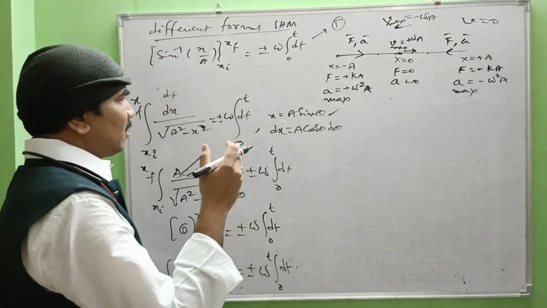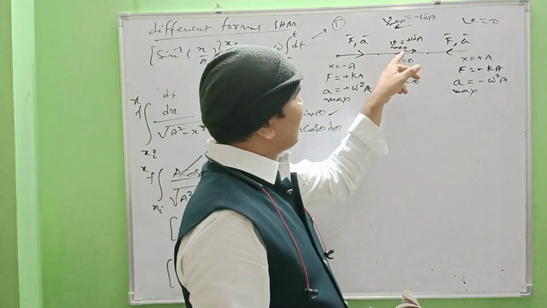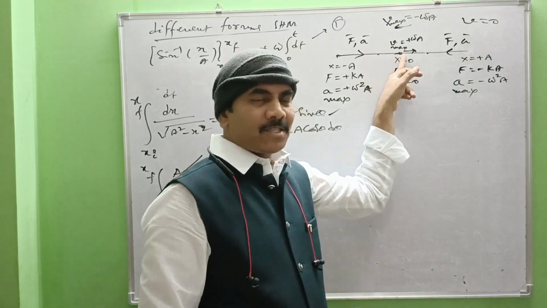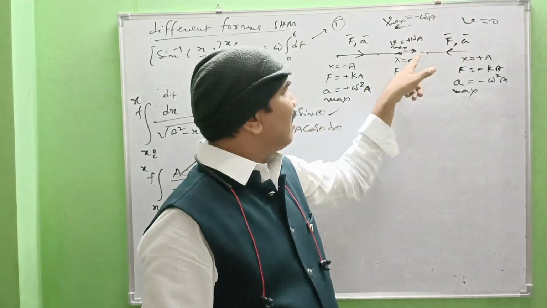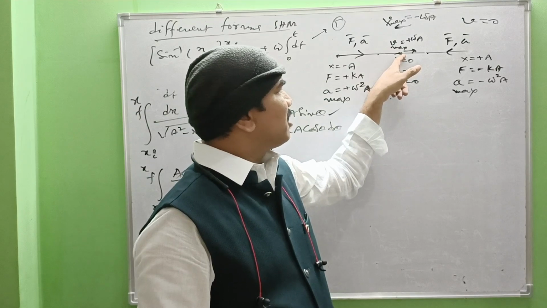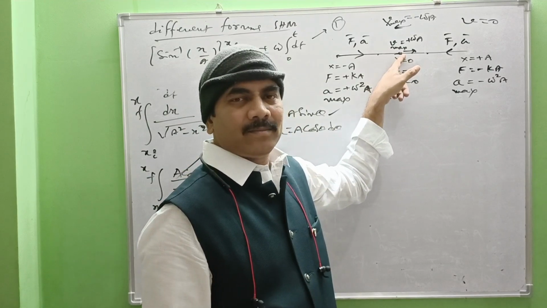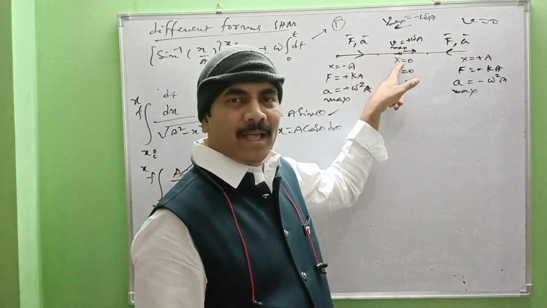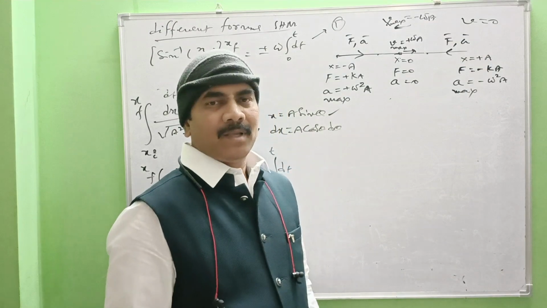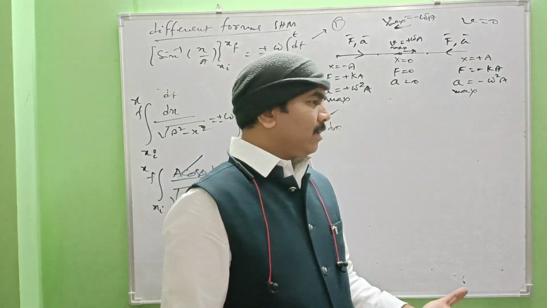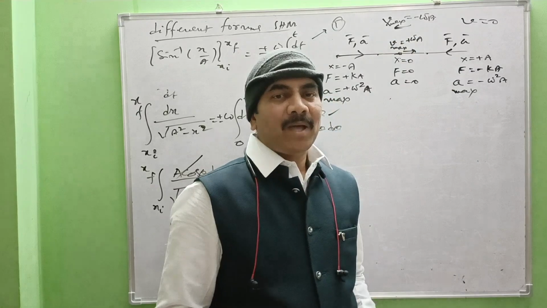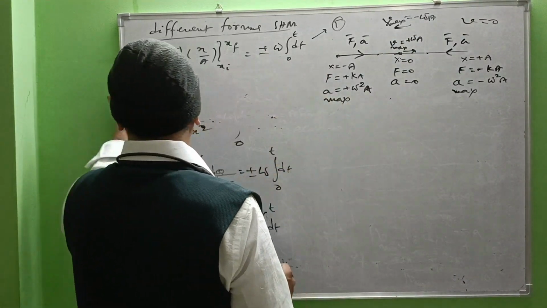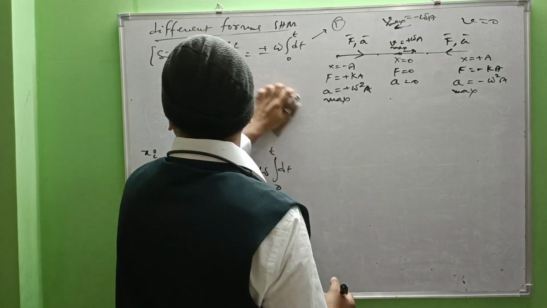Now let us consider this position of the particle initially. Suppose during oscillation the particle is crossing the mean position when our observation starts, that means when t equals 0, let x equal 0 be the position of the particle, and at t equal t, let x be the position of the particle. So that's the situation which arises during the oscillation of the particle, right?